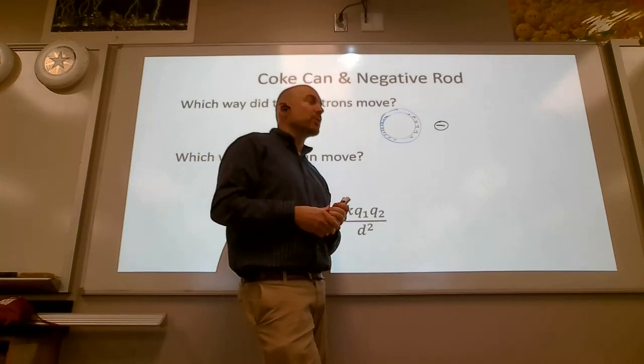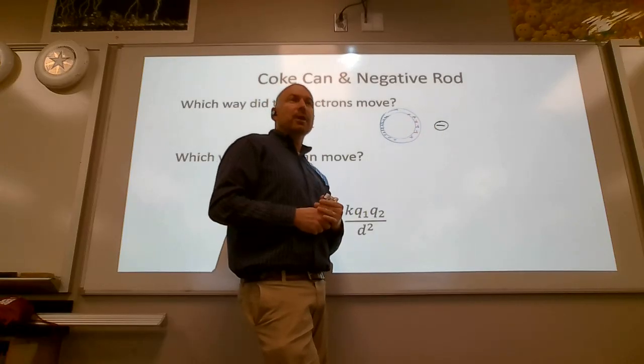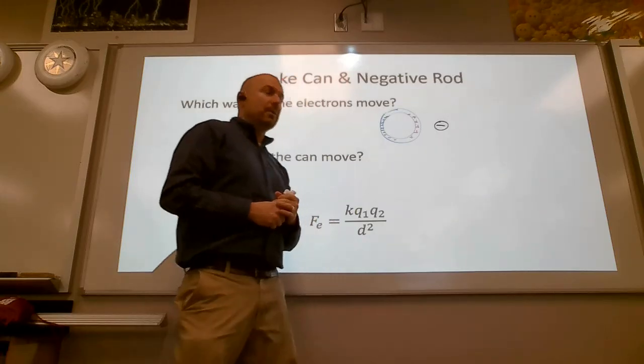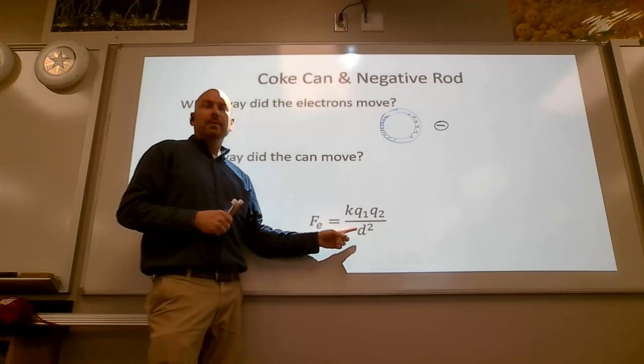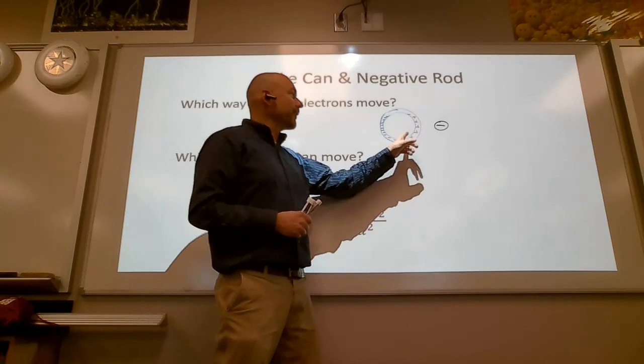Repulsion. Which do you think is stronger, the attraction or the repulsion? Attraction. Why is the attraction stronger? It's closer. It has a smaller distance. Therefore, it has a stronger force.